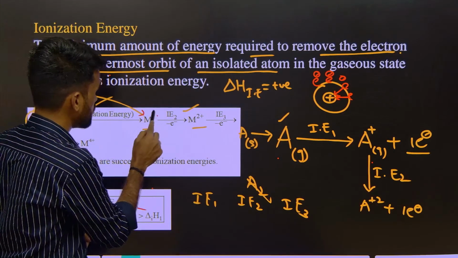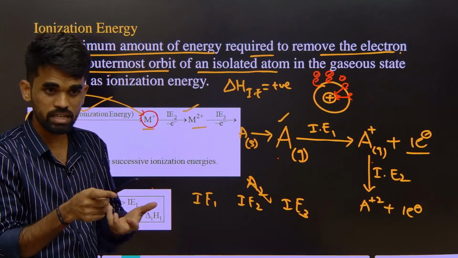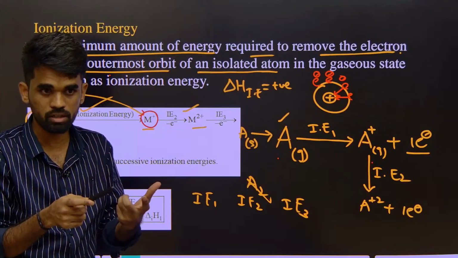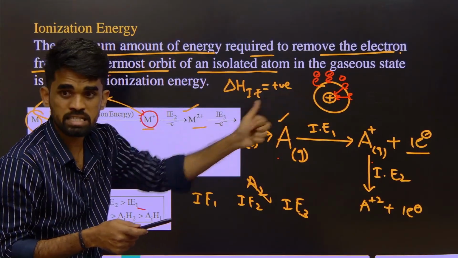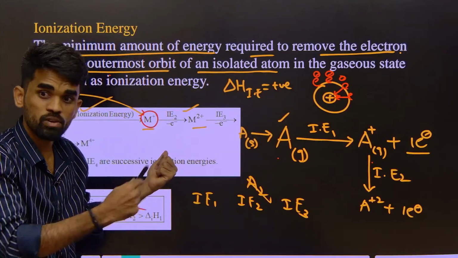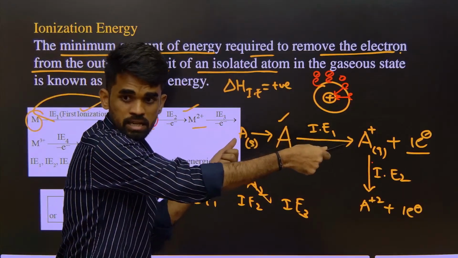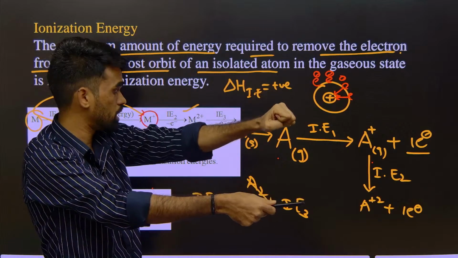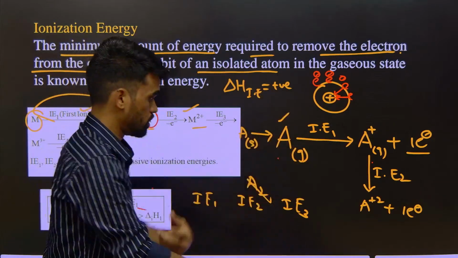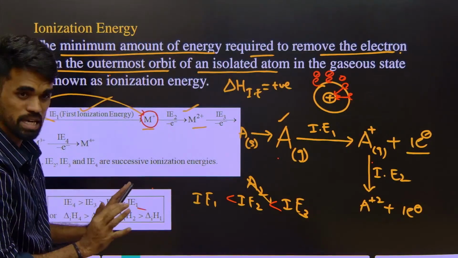But here, if you see, the positive charge and the effective nuclear charge are increasing. The electron count is decreasing, so the nuclear charge will be more effective. Electrons are strongly attracted towards the nucleus as the species becomes positive, so it requires more energy. As the positive charge increases, electrons bind strongly to the nucleus, so energy will be more. That's why IE3 is more than IE2, which is more than IE1. This is a basic understanding.